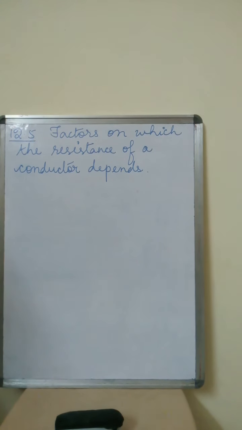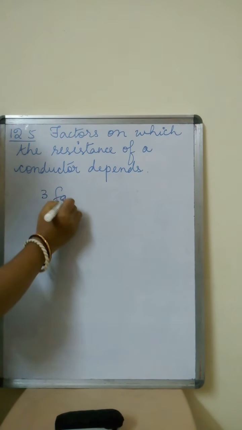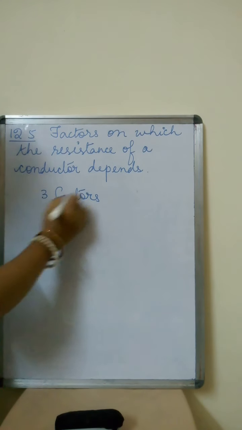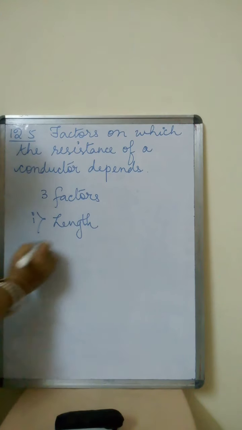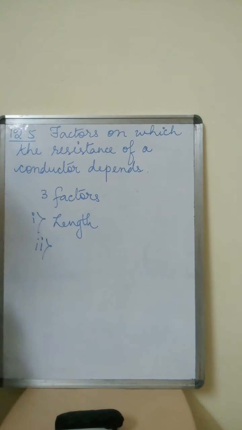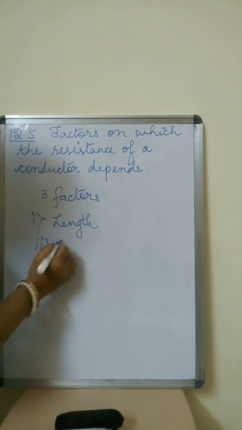So now we come to subtopic 12.5, where we will see what the factors are on which the resistance of a conductor depends. The resistance of a conductor depends on three factors. The first one is length. Number two is the area of its cross section.